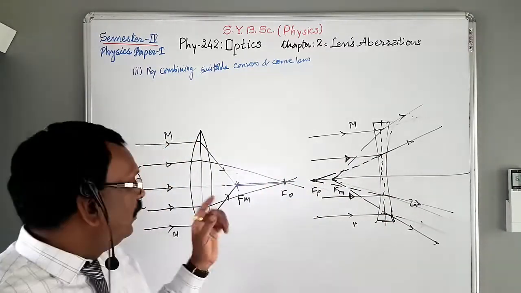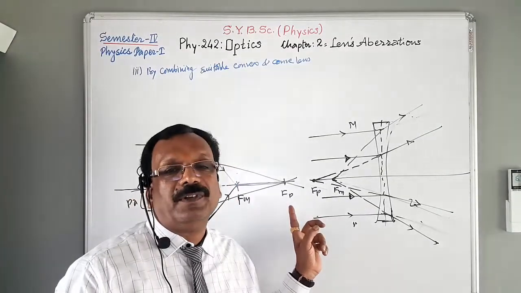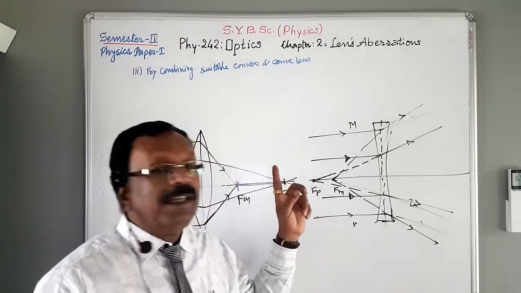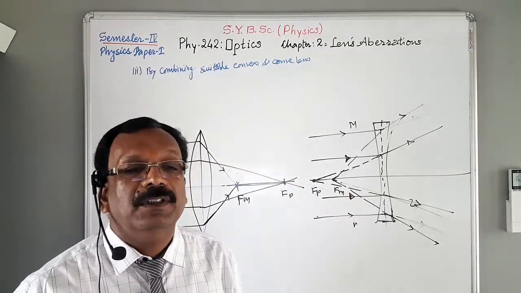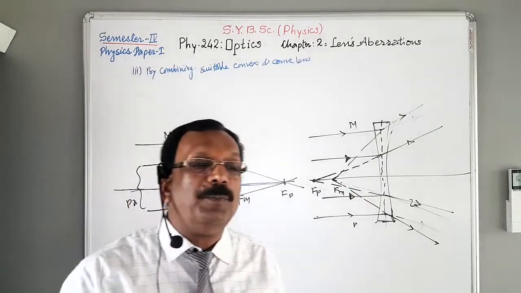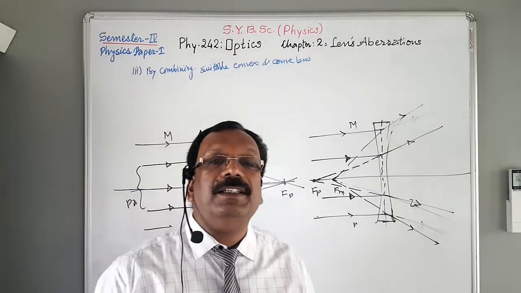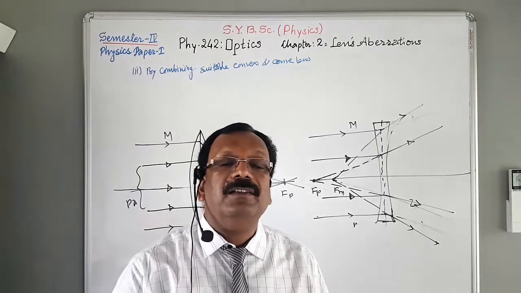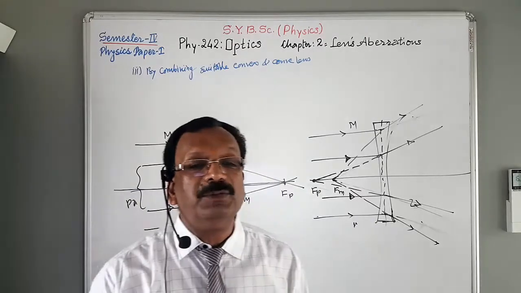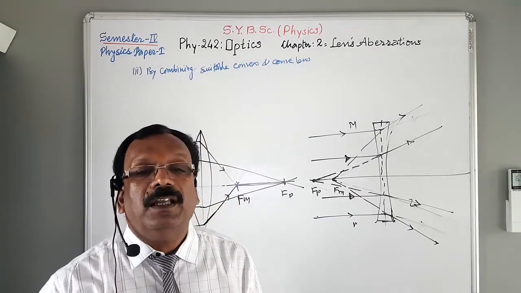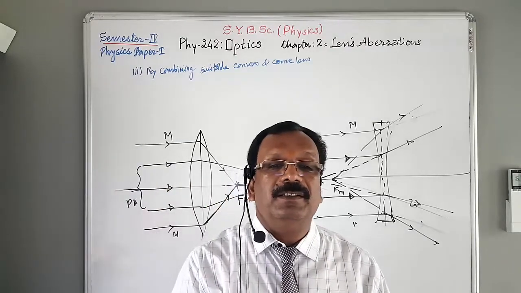So longitudinal spherical aberration for a convex lens is positive, while for a concave lens it is negative. If we make a suitable combination of these two lenses, then we can easily reduce the spherical aberration. Therefore, by taking a suitable combination of convex and concave lenses, the spherical aberration can be minimized.